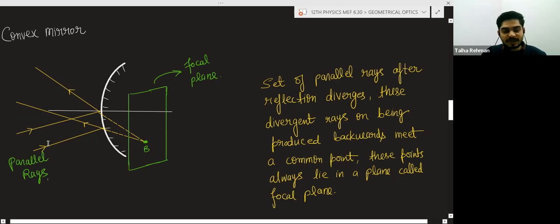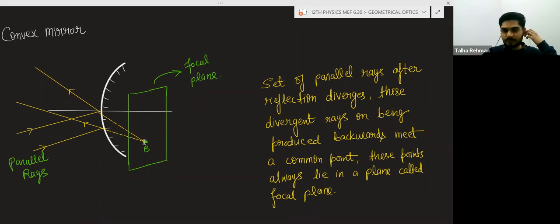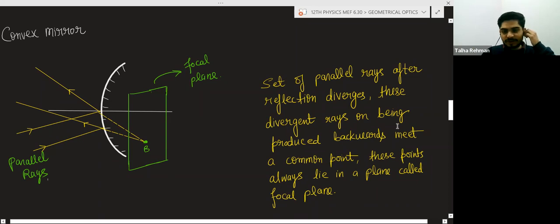Both rays are getting diverged. When you produce these diverged rays in the backward direction, these rays will appear to meet, not actually meet. Produce backward. So you can write here appear to meet.